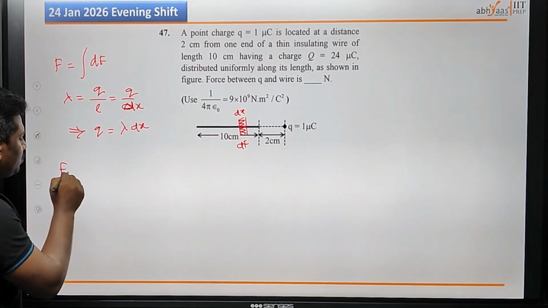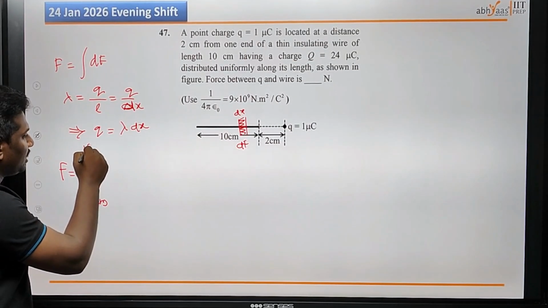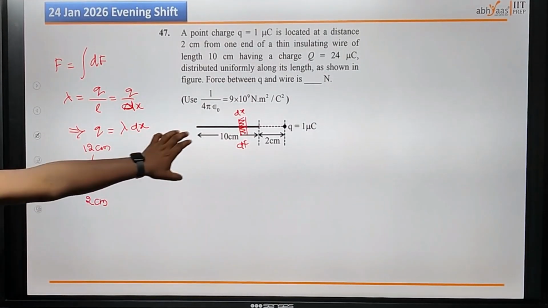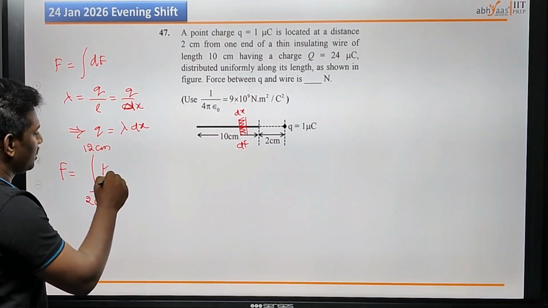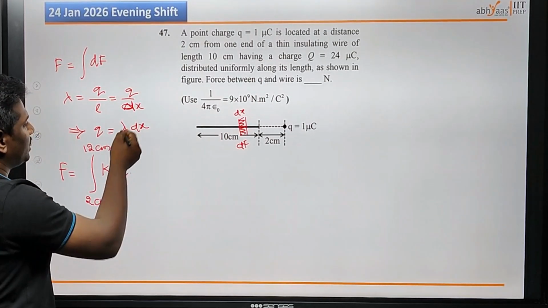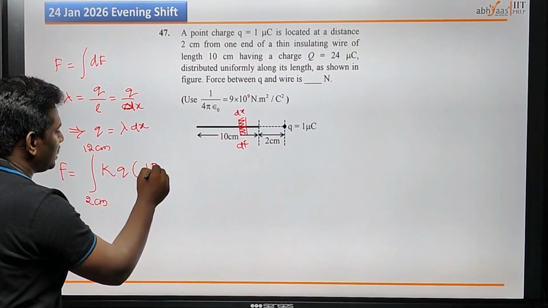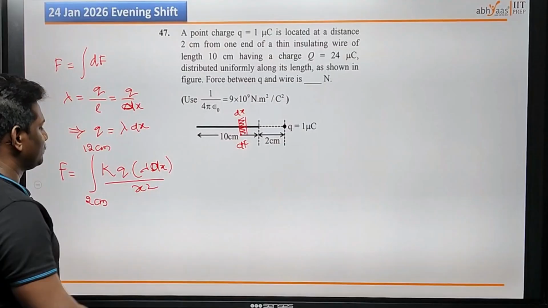So F equal to integral from 2 centimeter to 12 centimeter of K Q into one more dq, lambda dx, by x square.